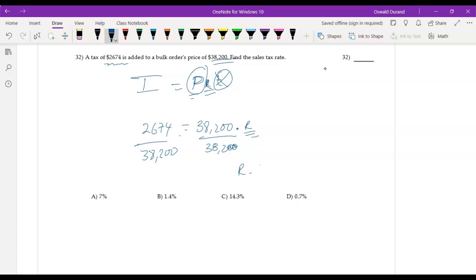So the rate is 0.07, which is equivalent to 7%.